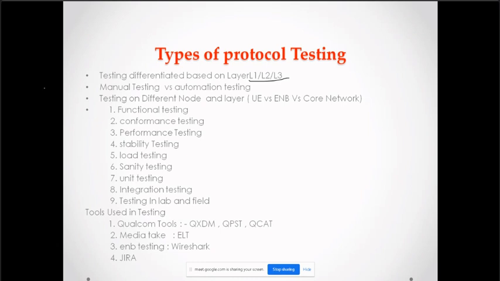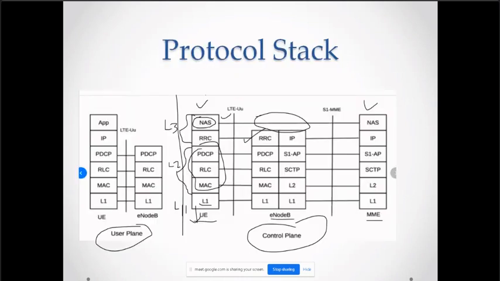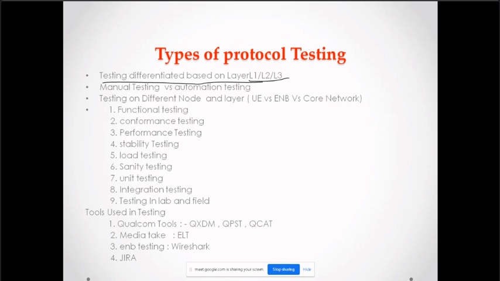So the first one is testing differentiated based on layers. That's the layers I have shown you: L3, L2, and L1. In real time we do different testing, some testing on layer one, some on layer two, some on layer three.